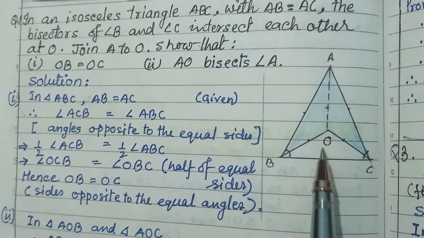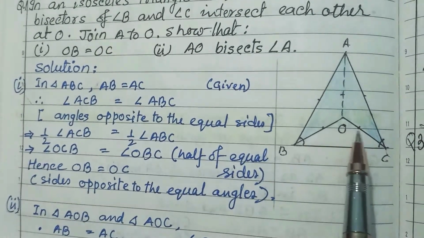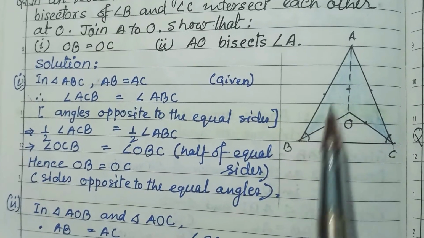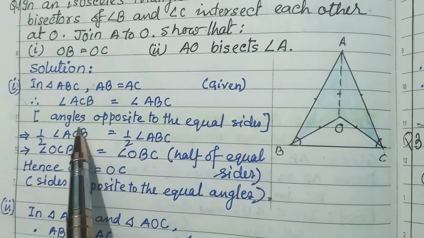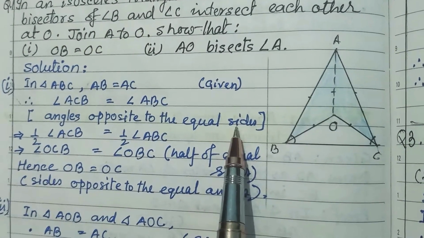Now the first part. AB is equal to AC, given. Angles opposite to the equal sides are equal.